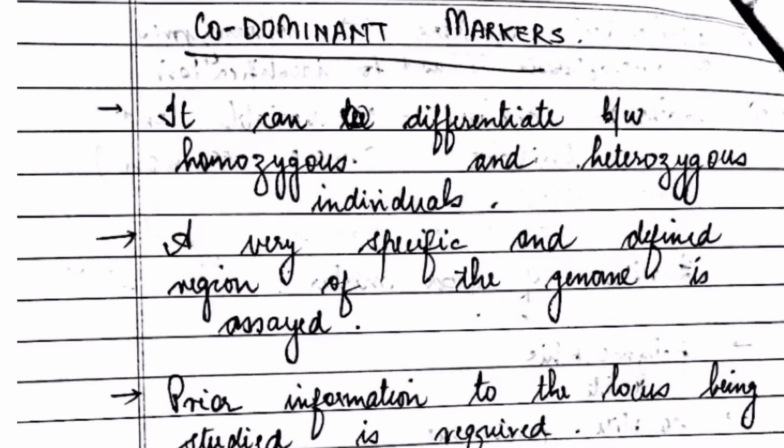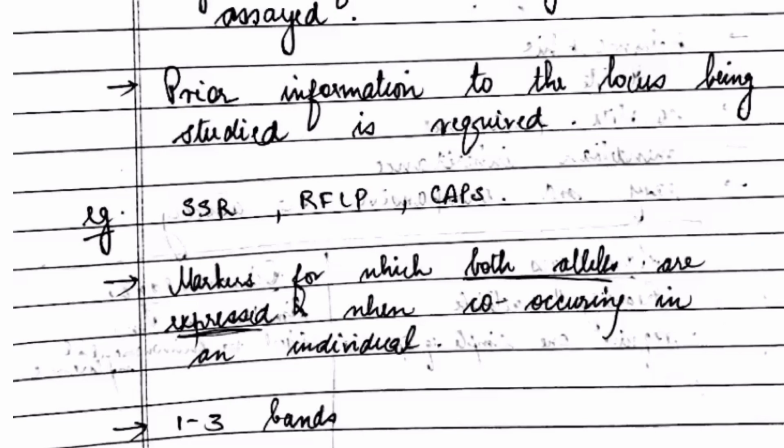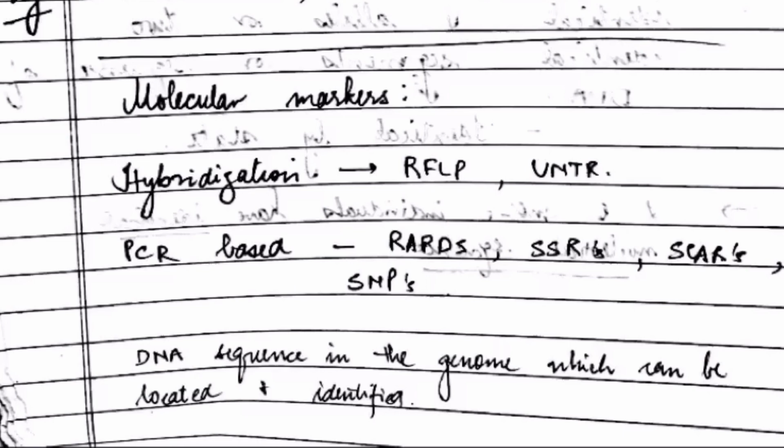A dominant marker has various bands, whereas a codominant marker has 1 to 3 bands. Examples of dominant markers are RAPD and AFLP, whereas examples of codominant markers are RFLP or CAPS. Now let's start with hybridization and PCR based markers.